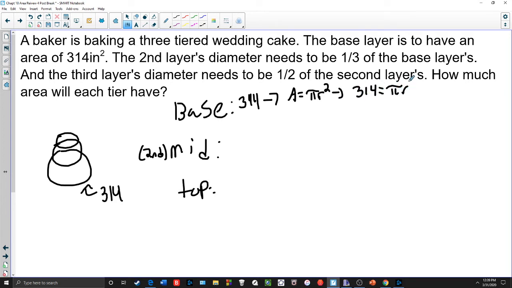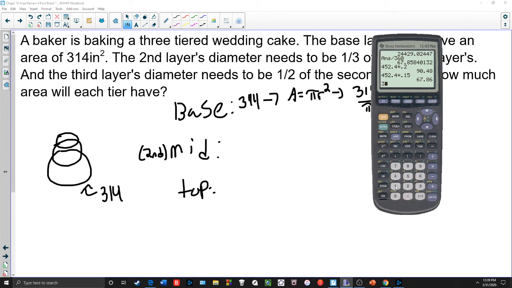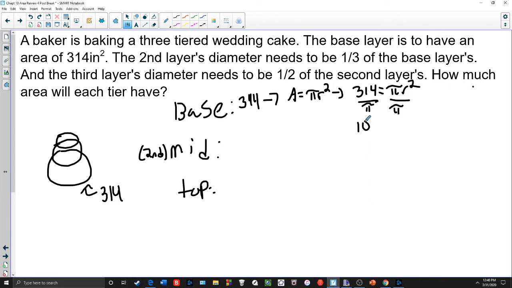Divide by pi: 314 divided by pi gives me 99.9, so we'll round off and say 100 to make it easier. So 100 is equal to r squared, and then take the square root. We get 10. Sorry, 10 is just r, not r squared. So the bottom layer has a radius of 10, because I just reversed the area to find my radius.